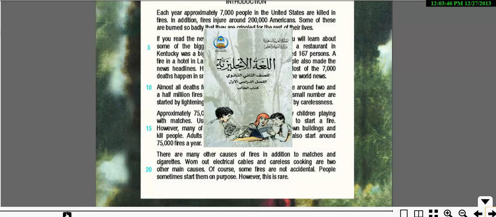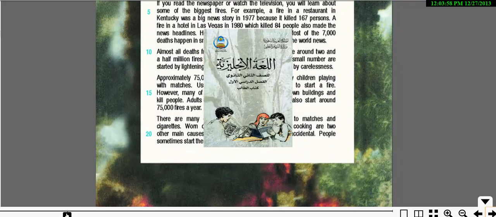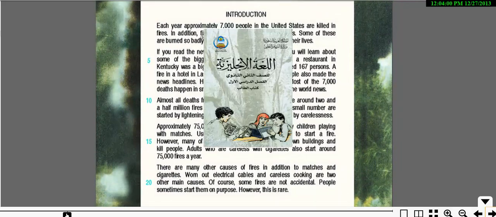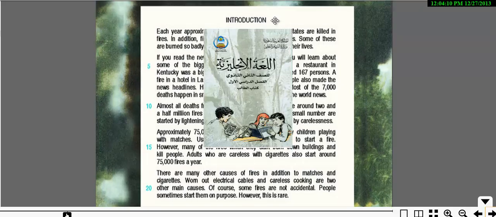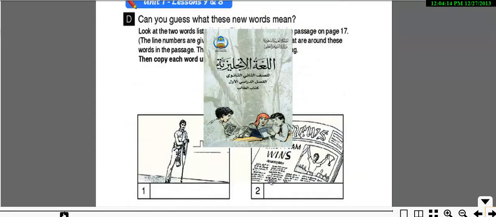There is a numeration for the lines, like 5, 10, 15, and 20. And pretty much that's it. There are 5 paragraphs, 1, 2, 3, 4, and 5. And then there is a small title. It's called Introduction. Now, let's look at the questions we're supposed to be answering.